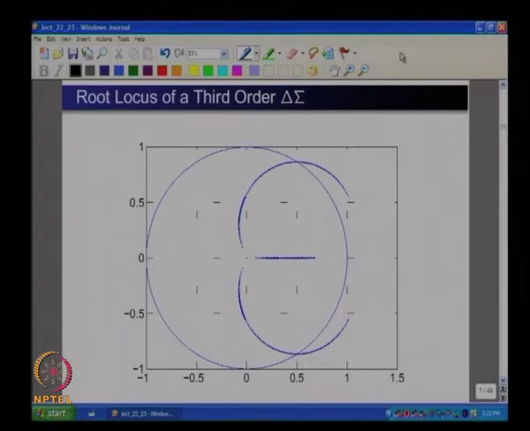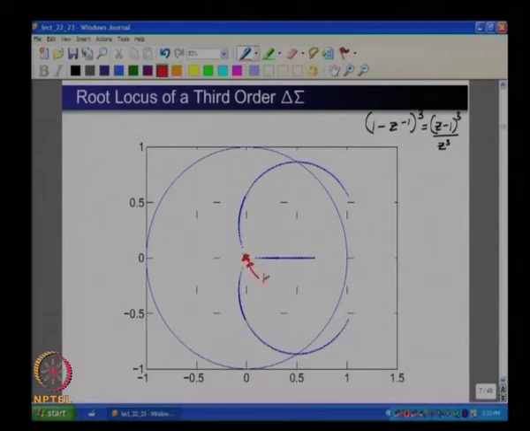When k equal to 0, the closed loop system has a transfer function of 1 minus z inverse the whole cube, which is nothing but z minus 1 the whole cube divided by z cube. So all the 3 poles will be at the origin.